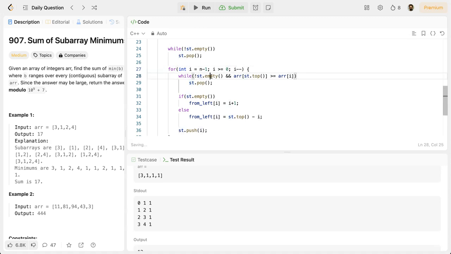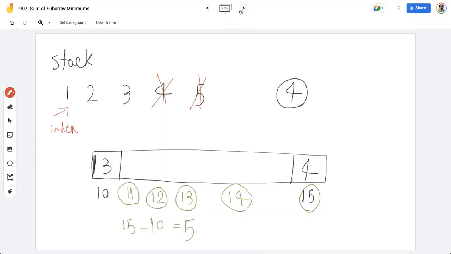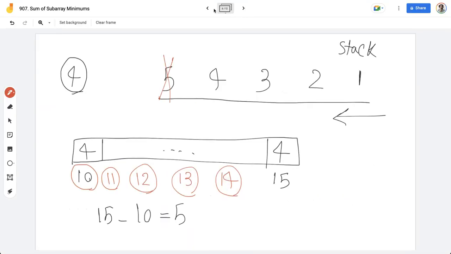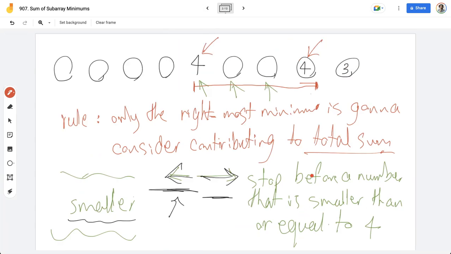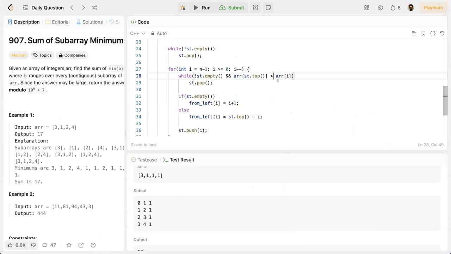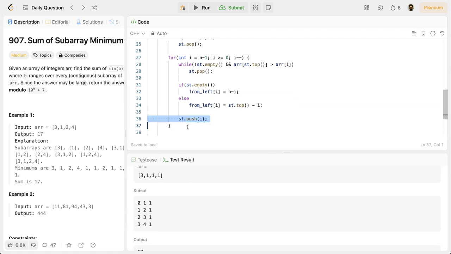So while st is not empty and r of st.top is greater than r of i, so remember here, stop before a number that is smaller than or equal. That means while it is greater, we pop. And if st is empty, it's going to be n minus i. Otherwise, it's going to be st.top minus i. And then we add this index.